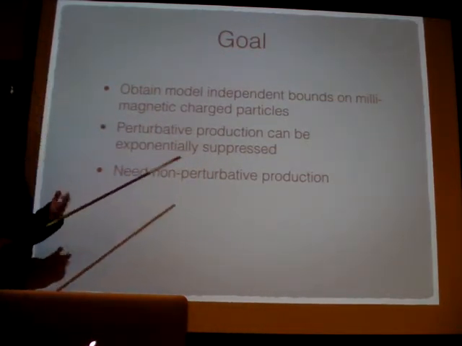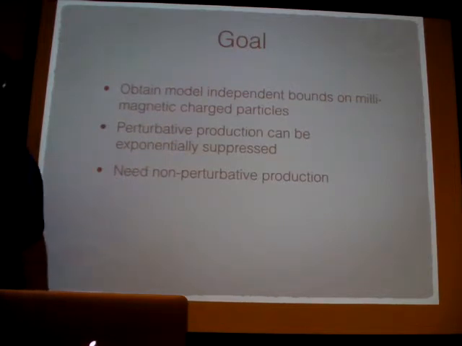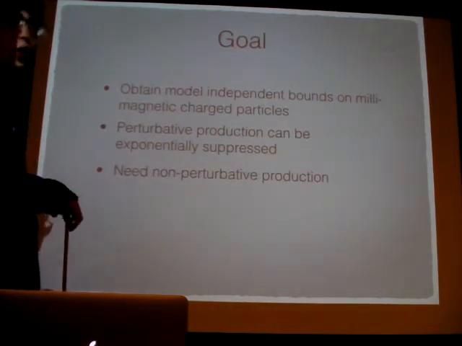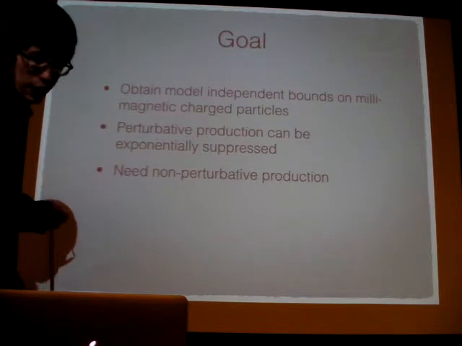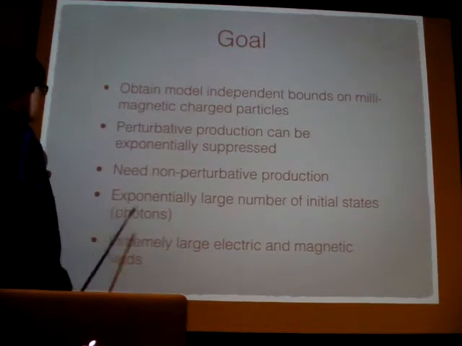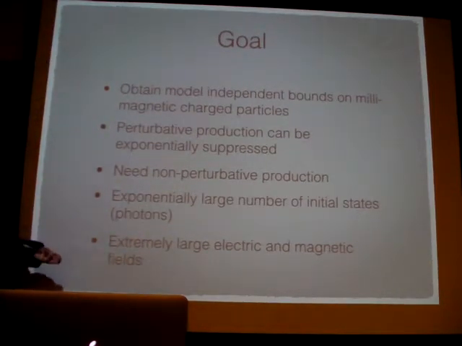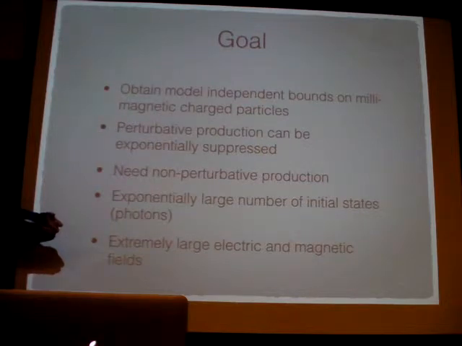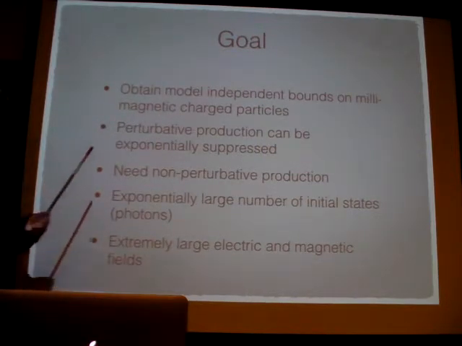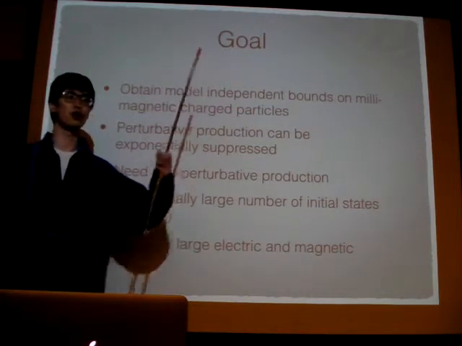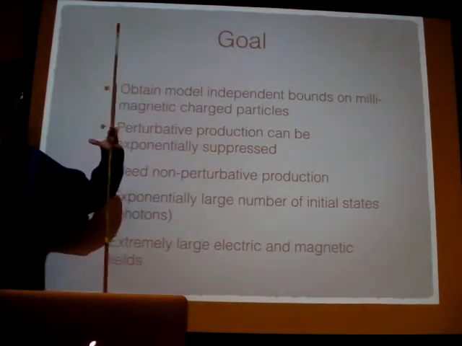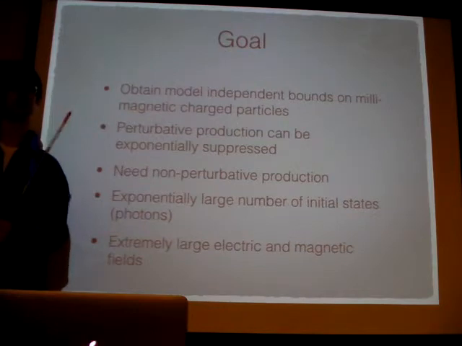So I need something non-perturbative, something that has a large number of initial states. Maybe you're going to address this, but what if you have clouds of these things? Yeah, that's essentially how you're going to try to produce them. You have a huge cloud of photons, and then you scatter them together to create your monopoles.